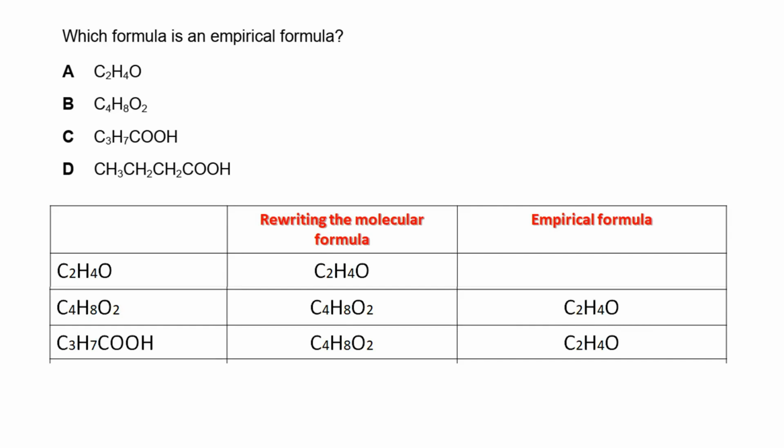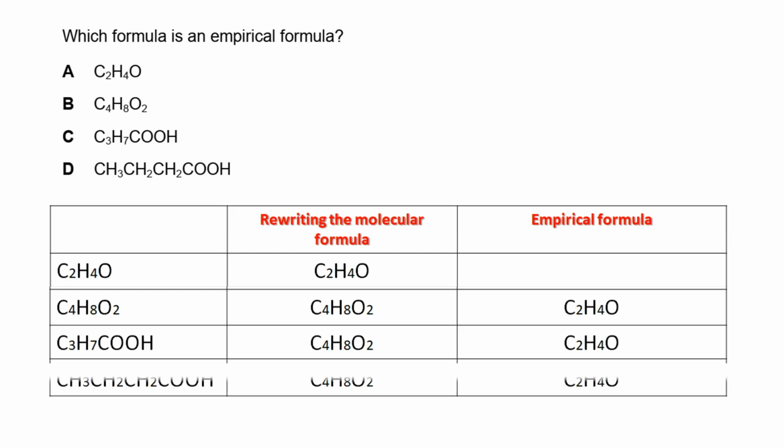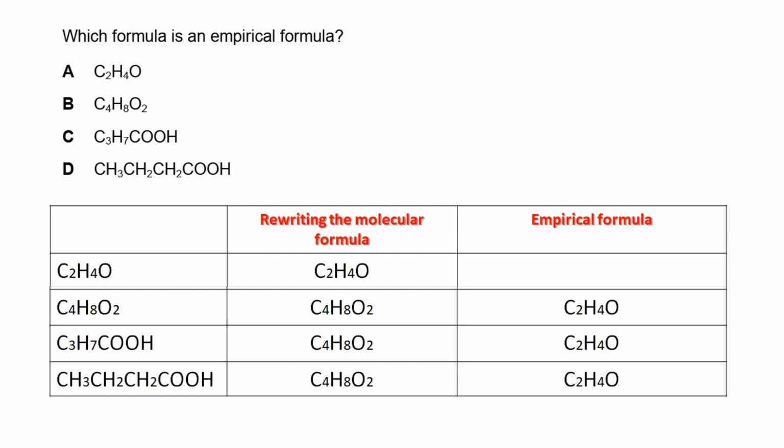C4H8O2, then after summation of carbon atoms and hydrogen atoms in the third compound, we obtain C4H8O2. What about its empirical formula? For the second one, look please, for the second one, this factor 2, divide by 2 to obtain C2H4O, the same for the third one, the same for the fourth one.